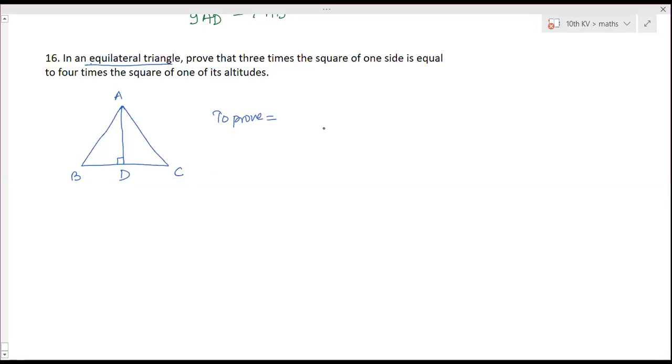Yes, Mahesh, can you tell what we need to prove? Mahesh, are you there? Harshit, can you tell what exactly we need to prove?